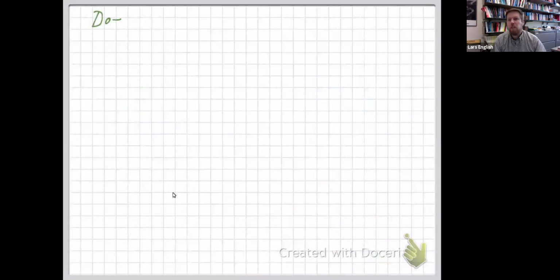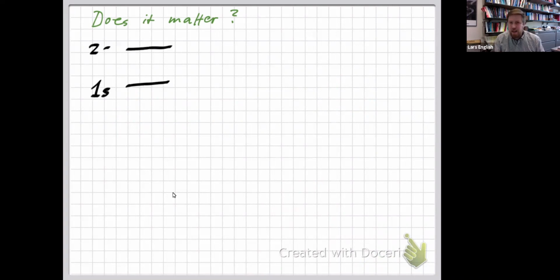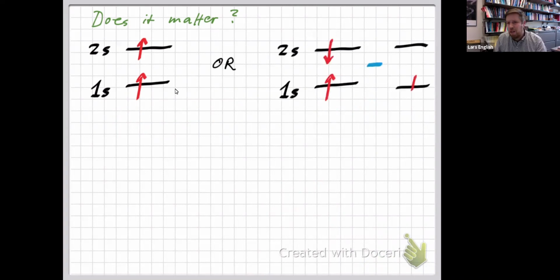Okay, so that's what we'd like to look at next. Does it even matter? Are there spins like this or are they like that? If I promote one to an excited state, an excited wave function, the question then again is, would the spins orient themselves like this into a triplet, say, or would they remain in the singlet configuration?